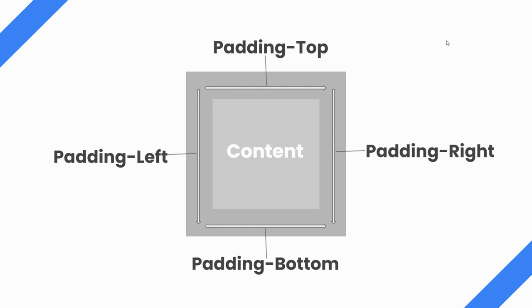For the sake of better understanding, this is a pictorial representation of the padding. As you can see in this picture, the inner box, the square in the lighter gray color, holds the content. That's the area where your HTML element is rendered. If it's text, that's the entire space the text takes.